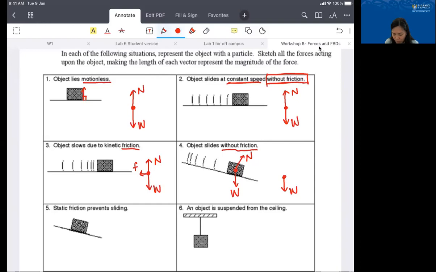So if we do our parallelogram method, I should have drawn the normal force with a different color. Oh, my pen stopped working.